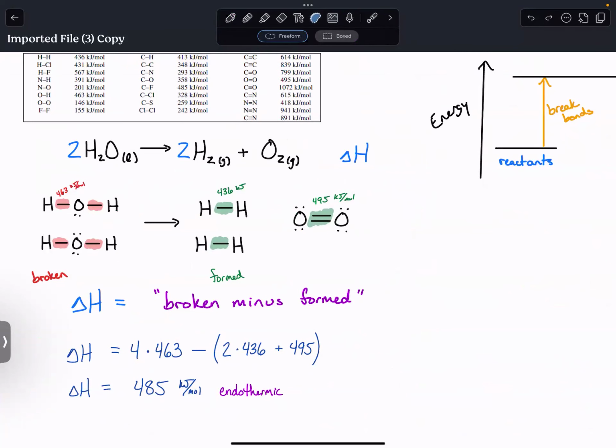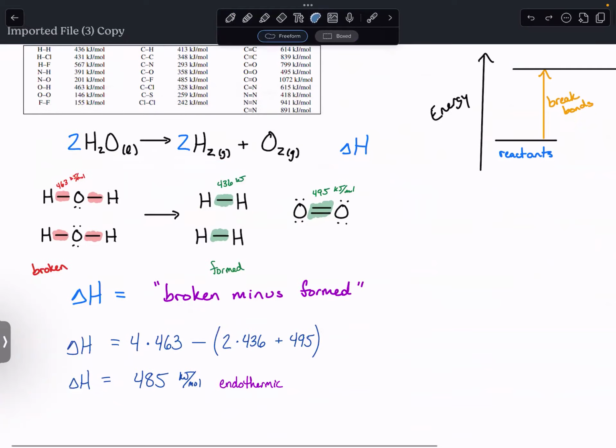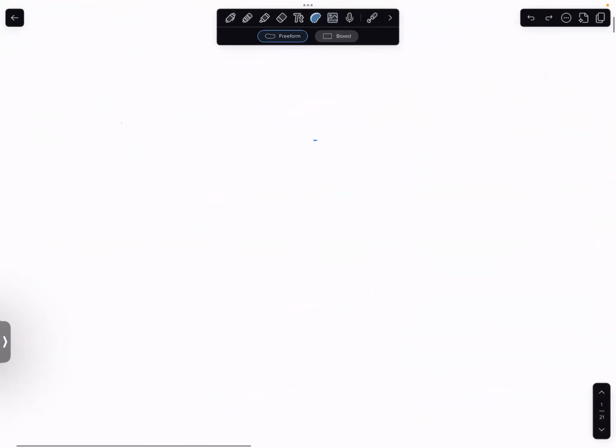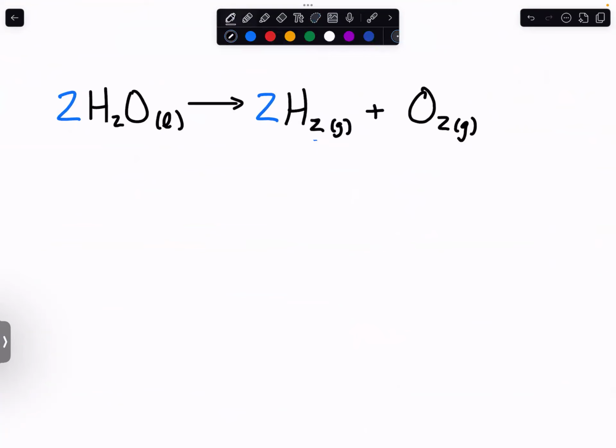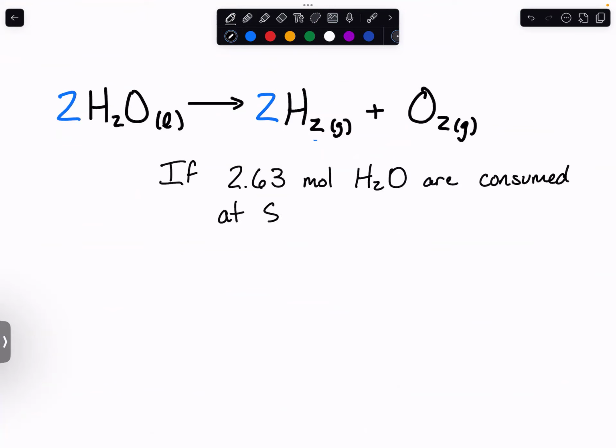All right, so let's take this same balanced chemical equation here. And we're going to ask ourselves, if 2.63 moles of H2O are consumed at STP, what is the partial pressure of hydrogen gas?